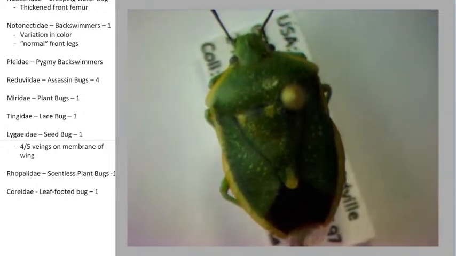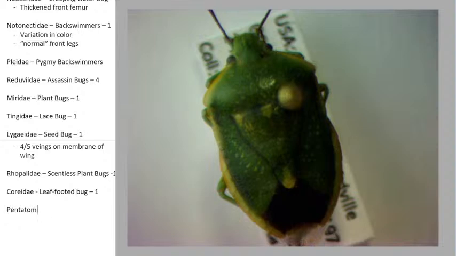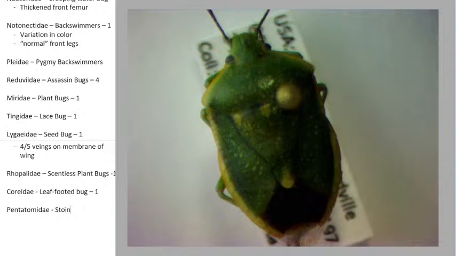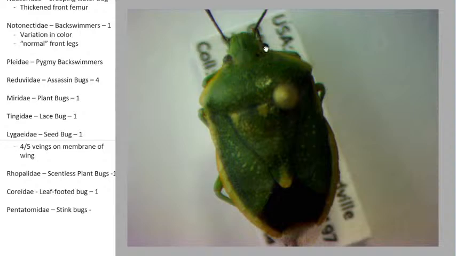And if we are looking at characteristics that define these guys, stink bugs are in the family Pentatomidae. Penta meaning 5, right? So, stink bugs. If you look at this insect, it almost looks like it has 5 sides: 1, 2, 3, 4, 5.